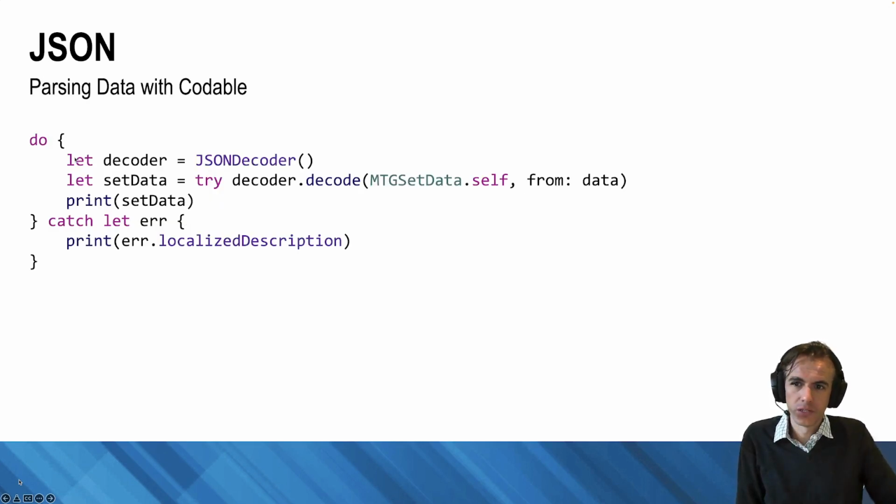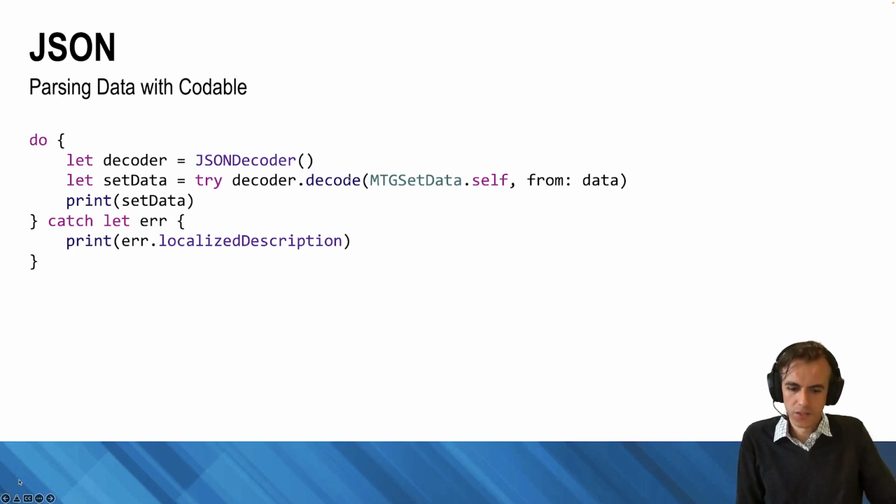We basically do this. We create an instance of a JSON decoder. We give it some data and we tell it to decode. The other thing you need to give it is the object, the structure and the class that you're decoding into.